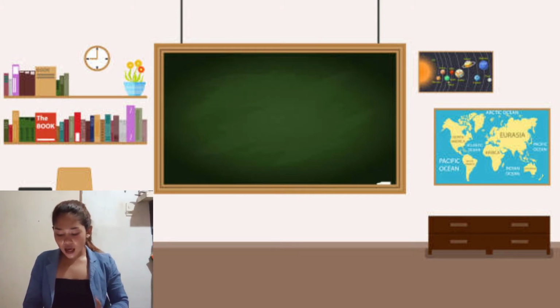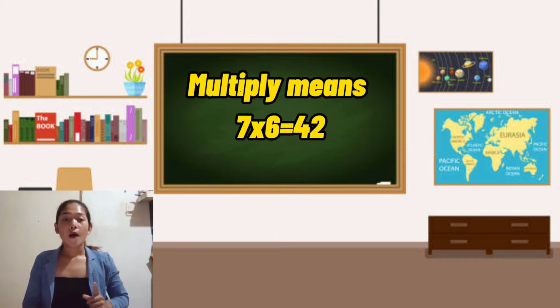The next step is multiply the means. Ang means kay second ug third term. The second term is 7, and the third term is 6. So 7 times 6 is equal to 42.